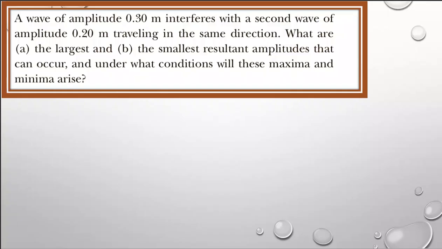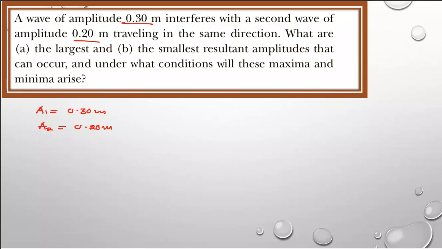A wave of amplitude 0.3 meters interferes with a second wave of amplitude 0.2 meters. So we have two waves. Wave 1 has the amplitude A1, which is 0.3 meters, and wave 2 has the amplitude A2 of 0.2 meters.